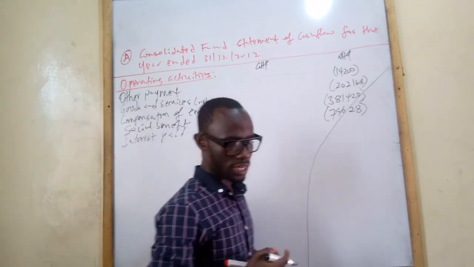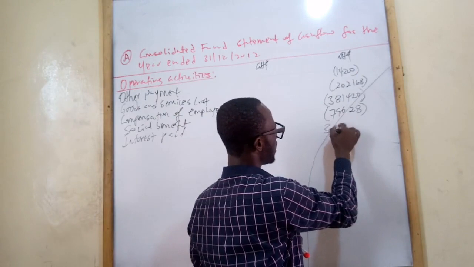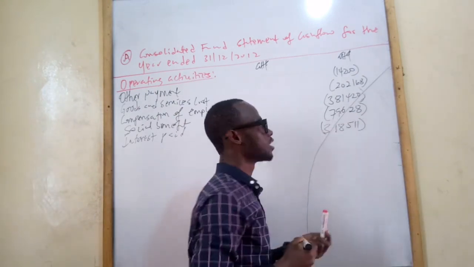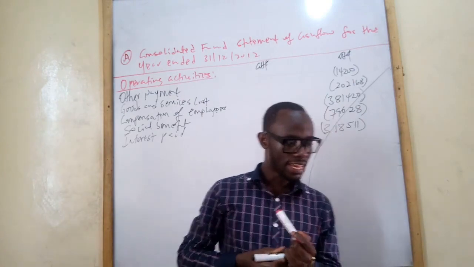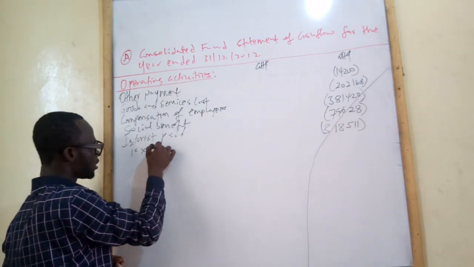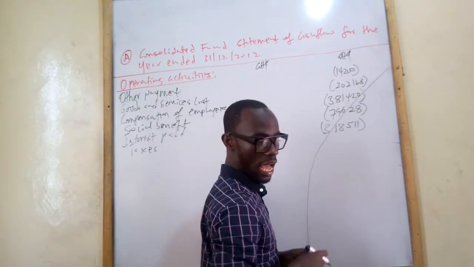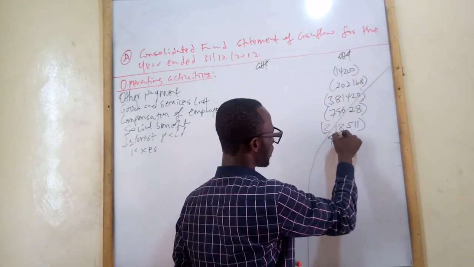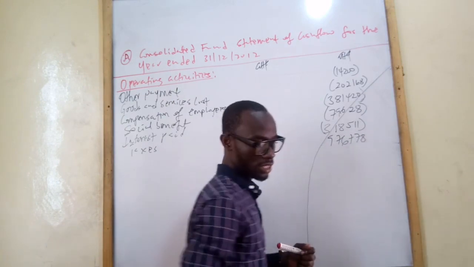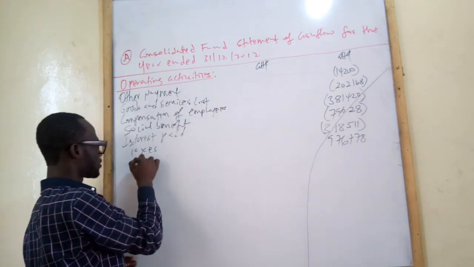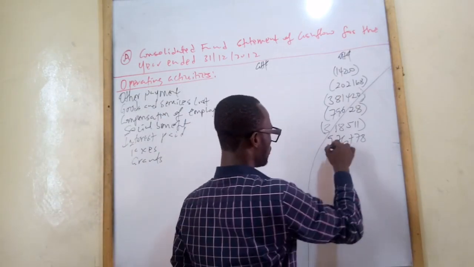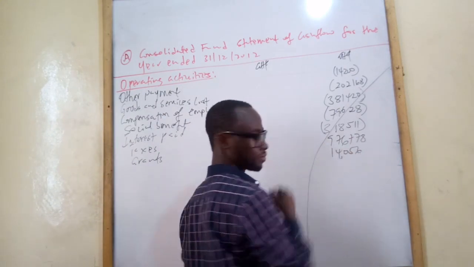Then interest paid is also a core activity. The interest paid in the question is 318,511 Ghana cedis. Then we see taxes. And you know taxes, it's a revenue, so that is going to be an addition, and taxes of 976,778. Then we see grants. It's an income or a revenue, 14,056.